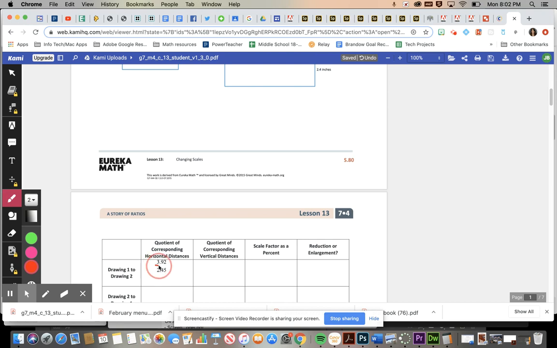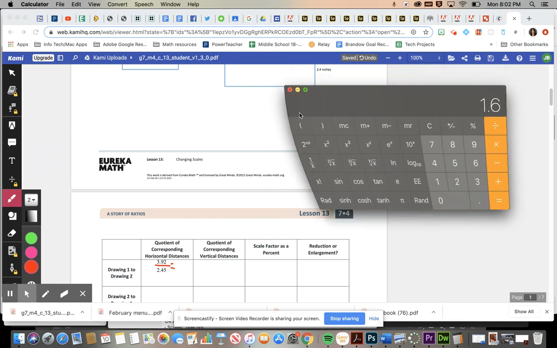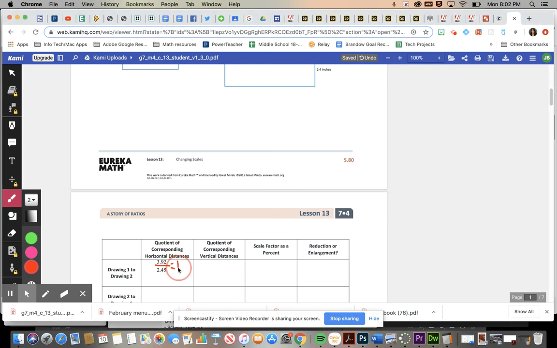And I have to divide those, which will equal, and let me grab my calculator, 3.92 divided by 2.45 equals 1.6.